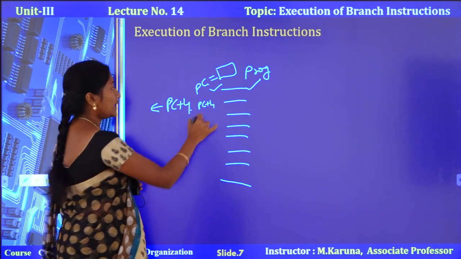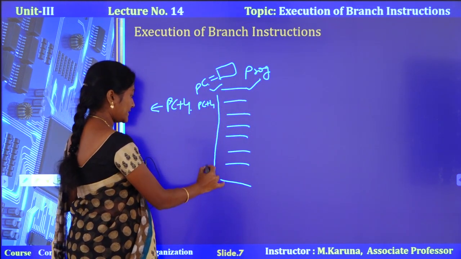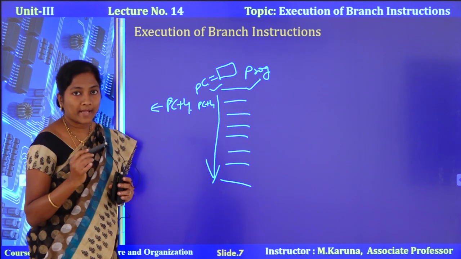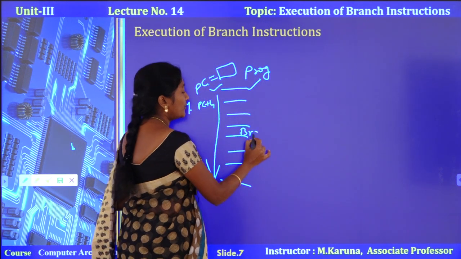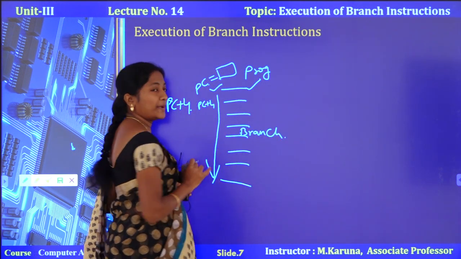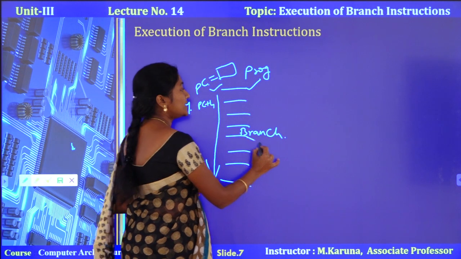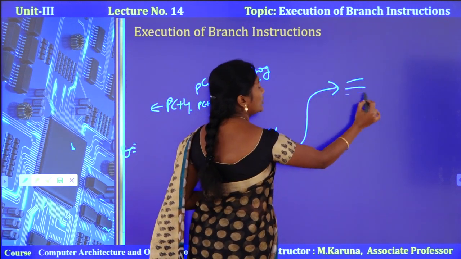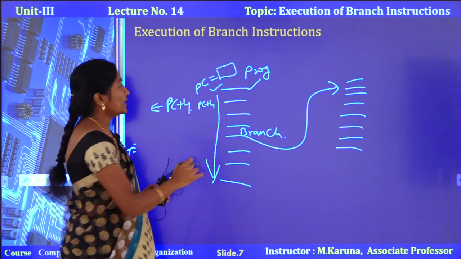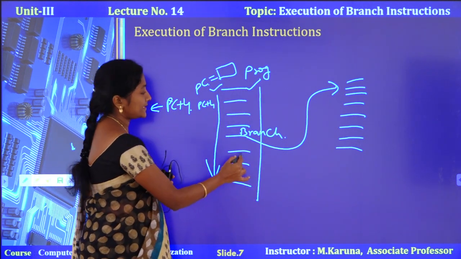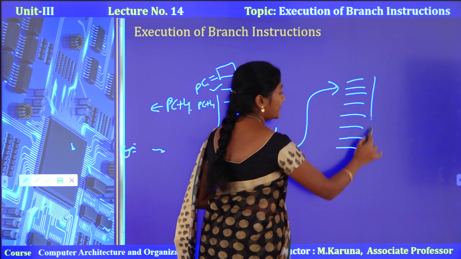So likewise instructions are executing in sequence manner. If any branch instruction present, then processor needs to jump to the specified location and executes that program. So here we can say in this case this is main program, this is sub program.